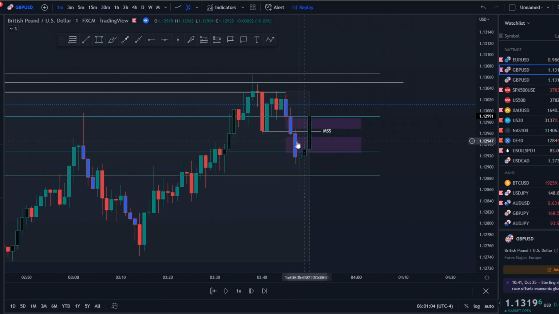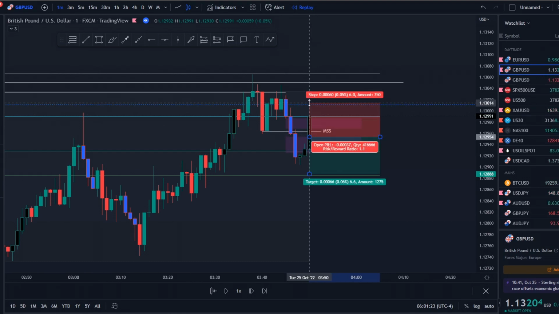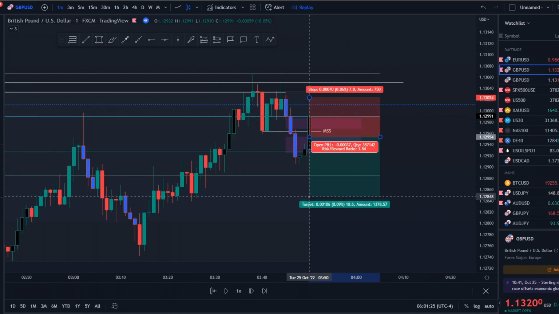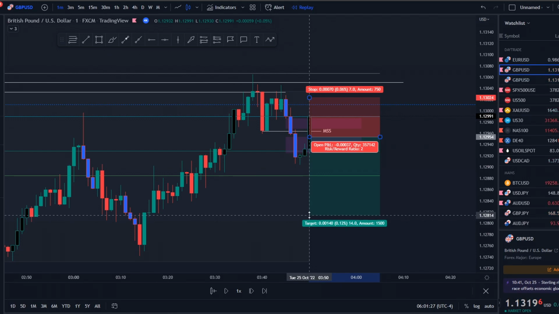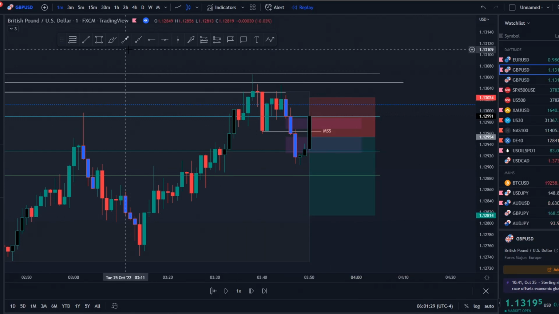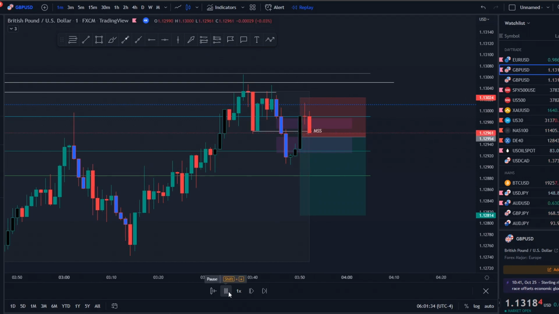So I thought that at this point, price really tapped into it. So I took a short position. I think I actually took 2 positions. I was scaling in. And I think I entered somewhere here. The stop loss above here. Looking to go down here. And the rest is history, of course.